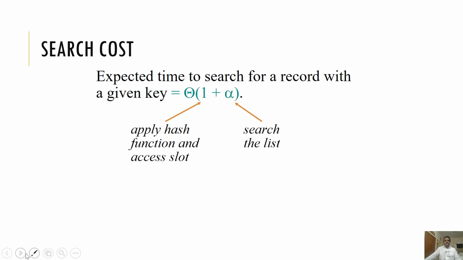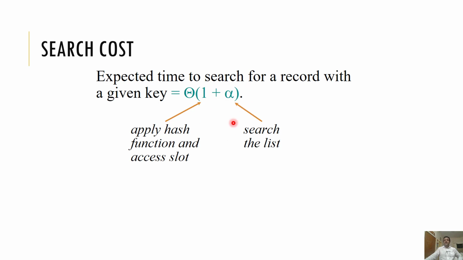We just do a hashing, and it will hit some slot, and that slot has a chain of size alpha, that is the load factor. So we have to search that chain, basically search in that linked list. So the cost is: we have to compute a hash function, then search in that list.